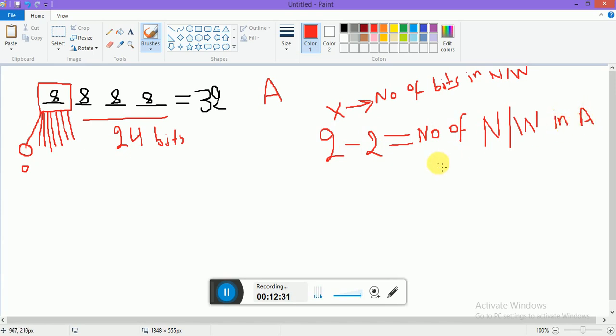But if you would like to find the number of hosts per network, the formula for that is 2 raised to the power y minus 2, which is equal to the number of hosts in each network.